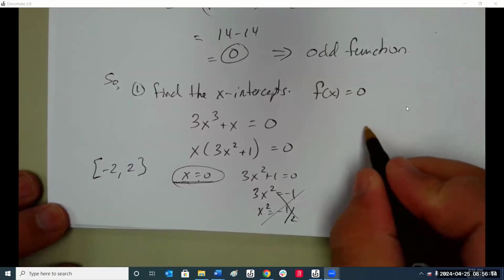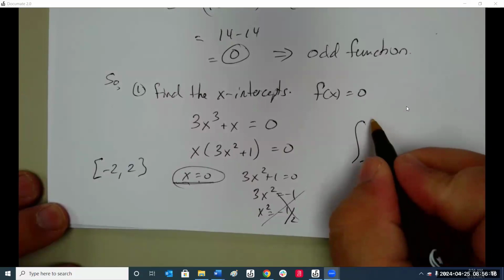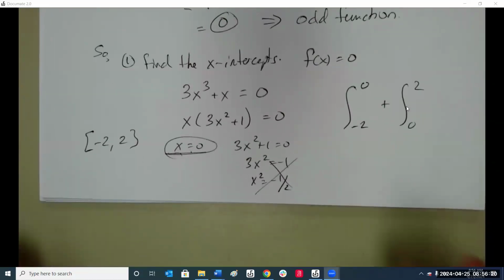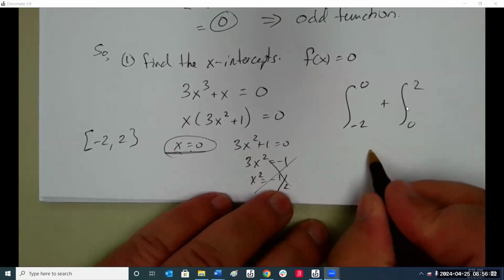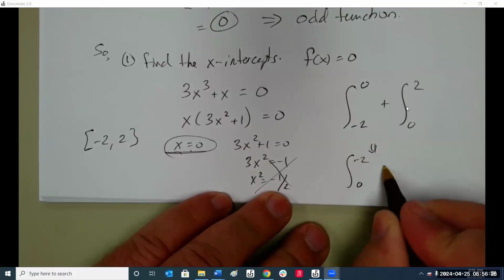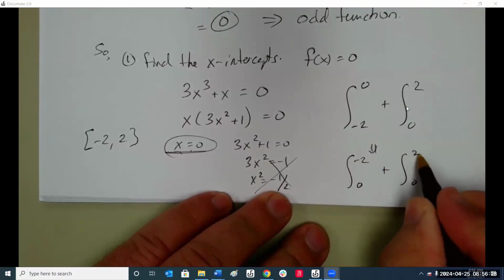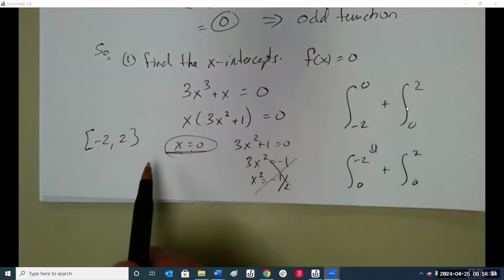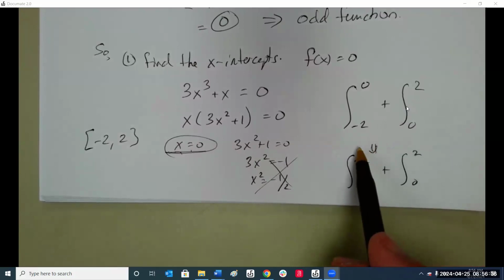So what we have to do is we're going to have to take our equation from -2 to 0 and 0 to 2, and change the bounds of integration, because we know that looking at the equation, one of them is negative.